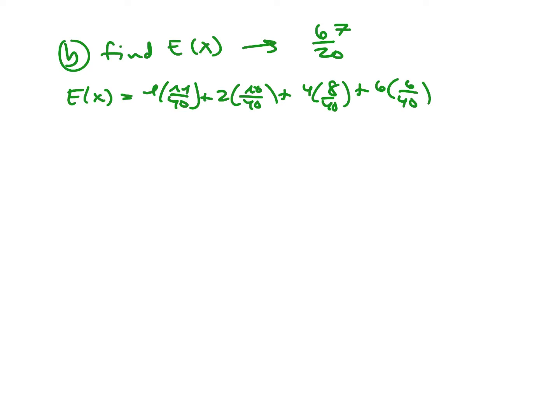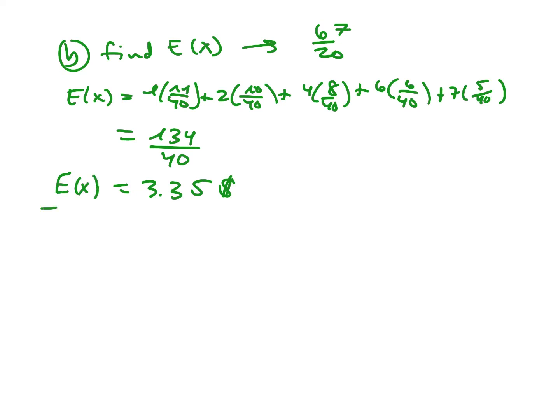Because those, remember, were my X and my Y, so I didn't know them, but now I know them. So that equals, right, we already know this, which is 3.35, and remember that that is dollars. It's not probability.